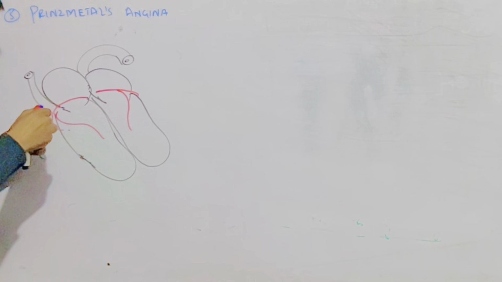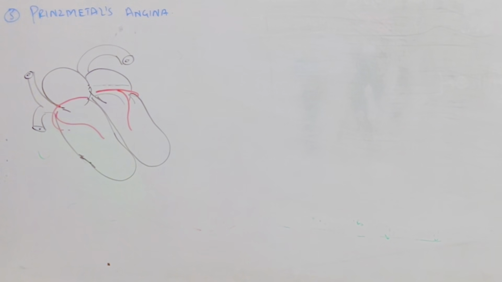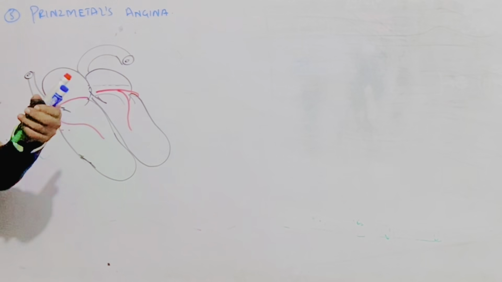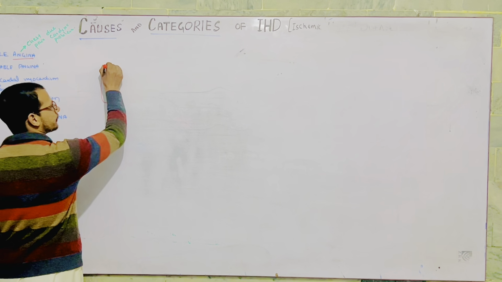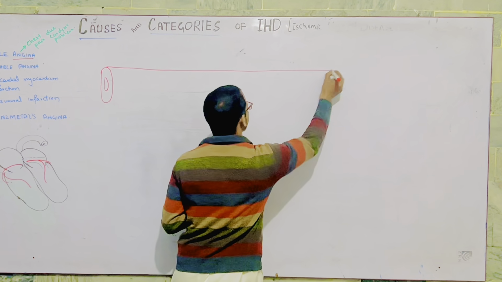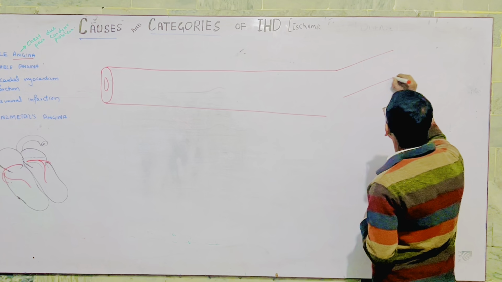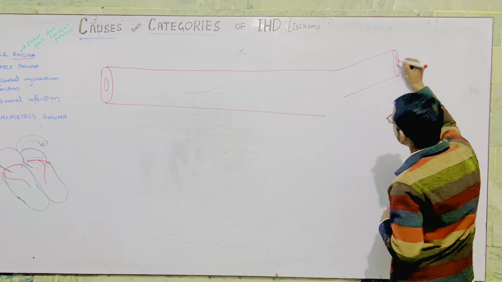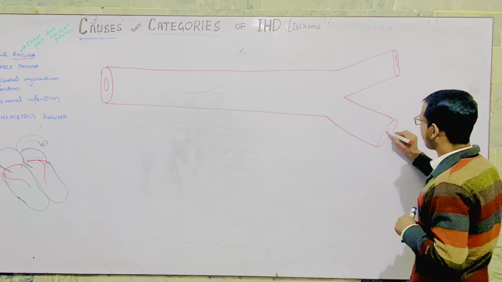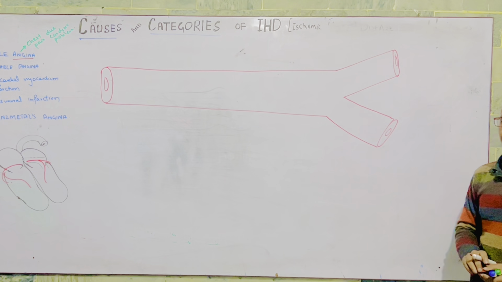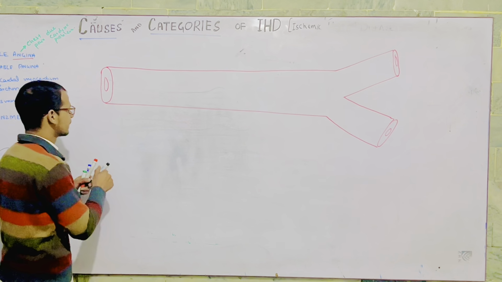We will cut this coronary artery. For example, I am cutting this heart like this and zooming it on the board. This is the coronary artery. This is, for example, the circumflex artery, and this is the LAD, left anterior descending artery, coronary circulation. And I have also cut some myocardium from the heart. So these are myocardial cells.